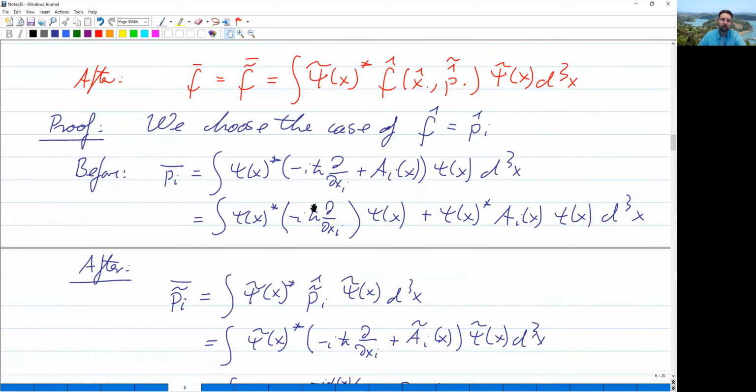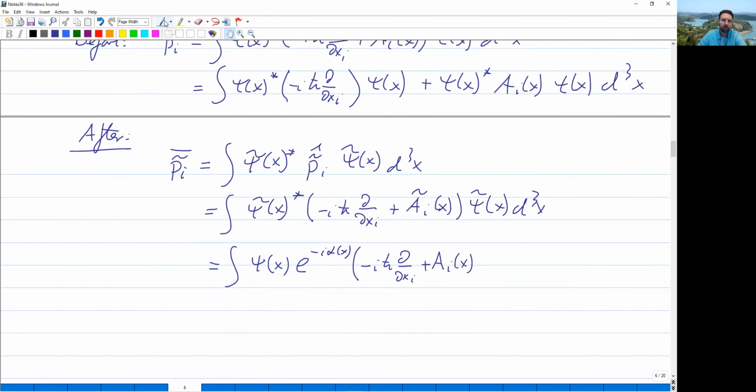So it's minus h bar d by dxi of alpha of x. And then here we have e to the i alpha of x and psi of x and d3x, right? So this is the transformed psi, this is psi tilde, this is psi tilde star, and this is the transformed canonical momentum operator.